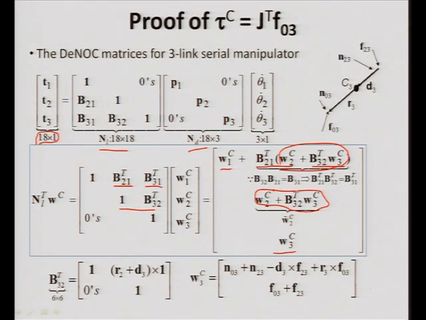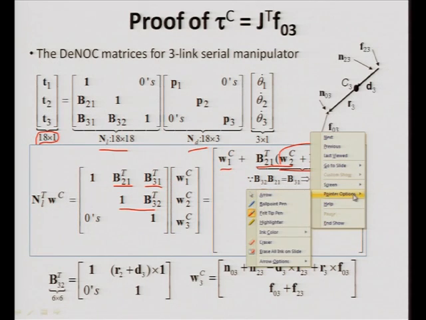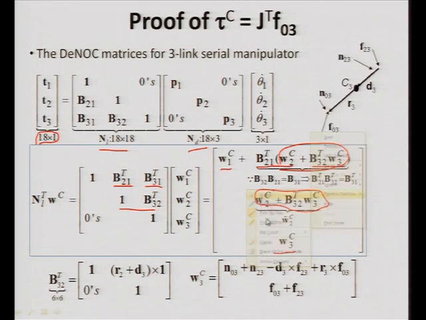Now I would like to go down to see what W3C is. For W3C, I have this free body diagram indicated on the top. So, N03, as I told you, let us treat it as a general spatial motion. So, there will be N03, obviously N03 means about the z axis there is no reaction, because it is allowed to move, but about x and y there will be some component.